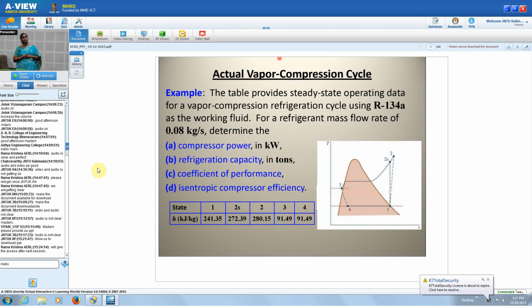You note down this problem. This is on the actual vapor compression cycle with a number of deviations. The main deviation is that the compression is polytropic. The table provides steady state operating data for a vapor compression refrigeration cycle using the refrigerant 134A as the working fluid, for a mass flow rate of 0.08 kg per second.